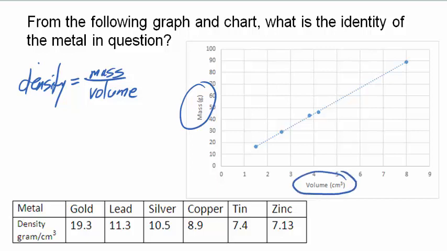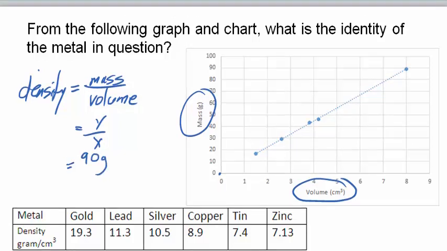All you do is you take the slope of this line. Notice mass is the y-axis, volume is the x-axis. So if you take y over x, from math class you would learn that change in y over change in x is the slope. But we also know that this has to go through 0 because something that has no mass is going to have no volume, right? If it doesn't weigh anything, it's not going to take up any space. So you just have to really find the density of any point here. You see that this is about 90 grams, and this is about 8 centimeters cubed, and you divide those.